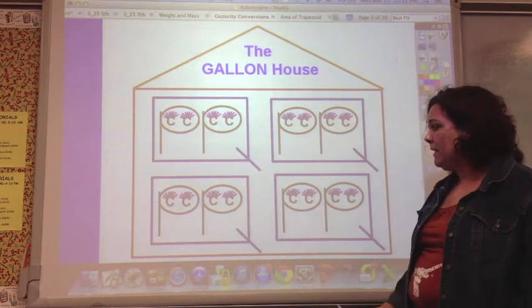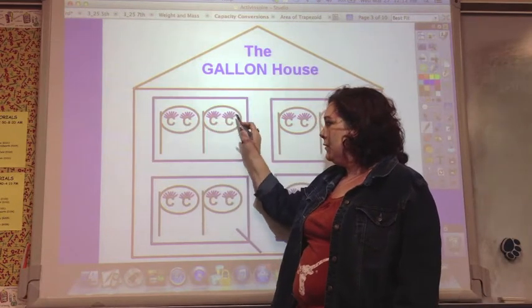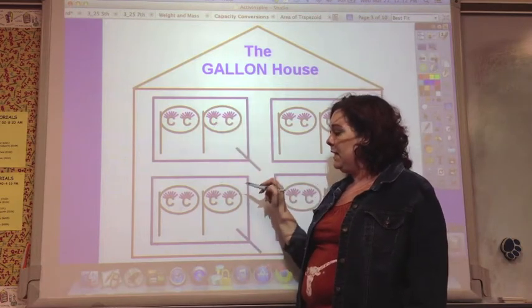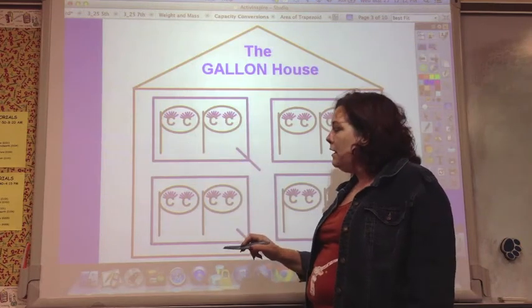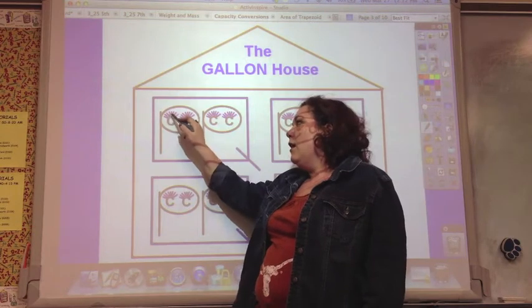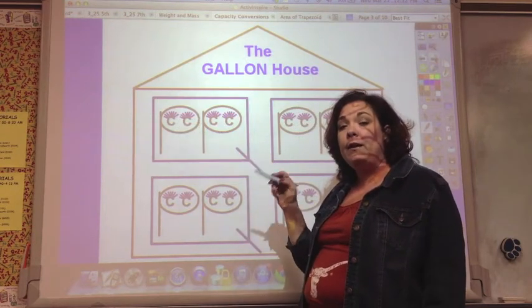And then each of the people have eyes that look like C's. These are C's. And so put C's in the P's, and these C's are for cups. And then, very small, you have 8 eyelashes, and the 8 eyelashes is 1 for every fluid ounce.